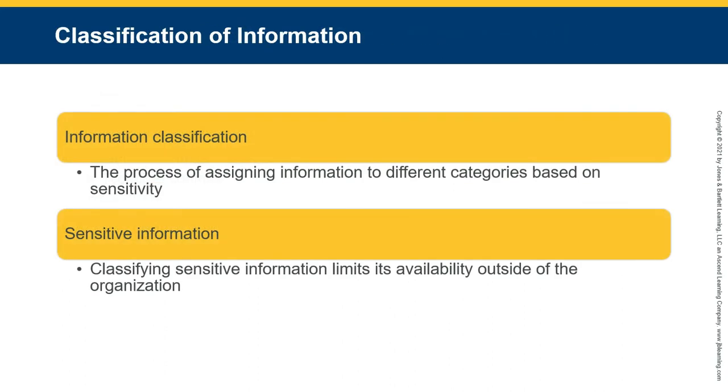So some classification information. Information classification is the process of assigning information to different categories based on sensitivity. Classifying sensitive information limits its availability outside of the organization. So not everyone can see every bit of data. This is why we have the different levels that we talked about last week, and we'll talk about going forward. An accounting person doesn't have to see sales figures.